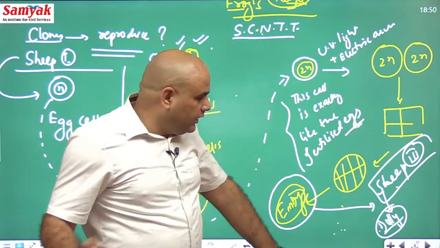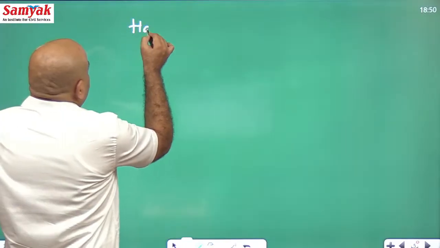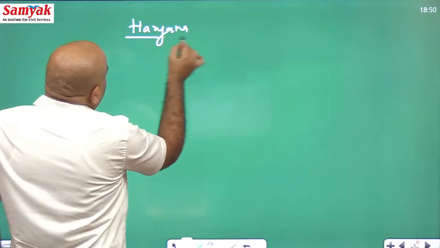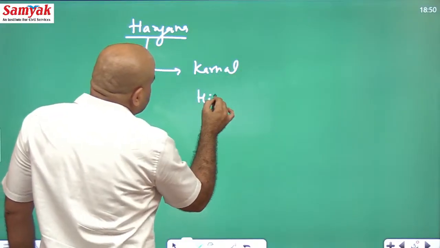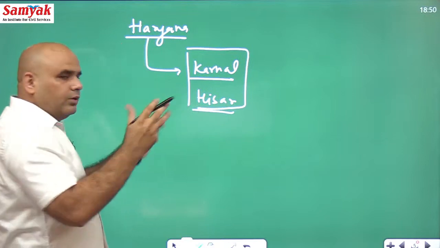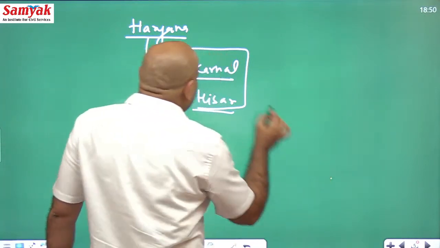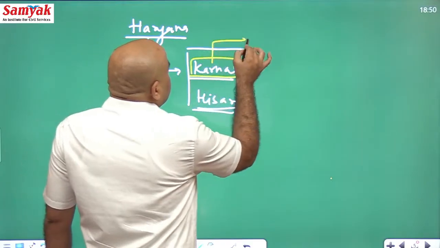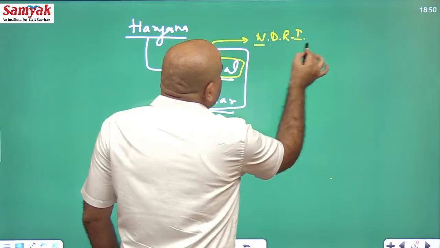But later on, you need to remember that in India, in Haryana, Karnal and Hisar, these two are the centers of cloning. Why these two? Number one, in Karnal, there is the National Dairy Research Institute, NDRI.